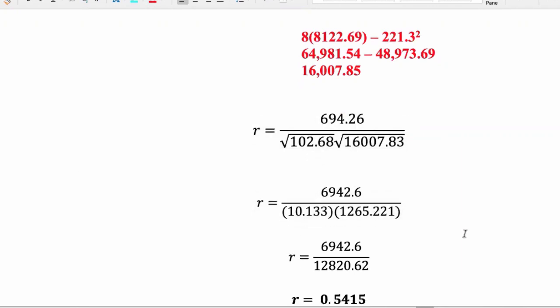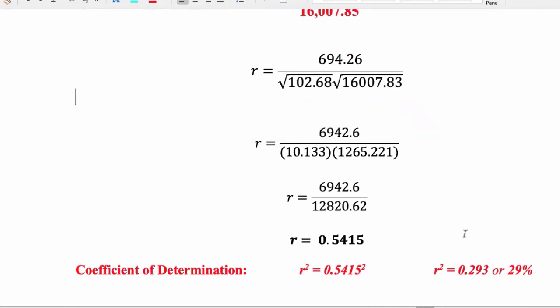So make sure you have a scientific calculator that has that feature in there. I'm going to double check on that. If anyone has it already, get the square root of 16,007.83. 126.5221. Again, you might be asking how many decimals does he want? I'm happy with 1 or 2 decimals.